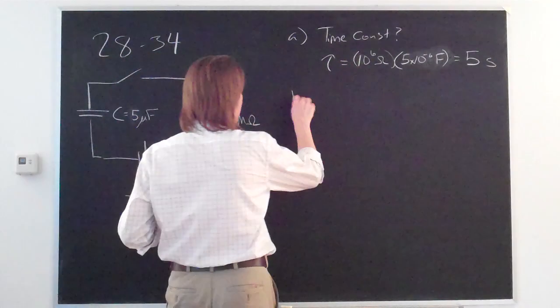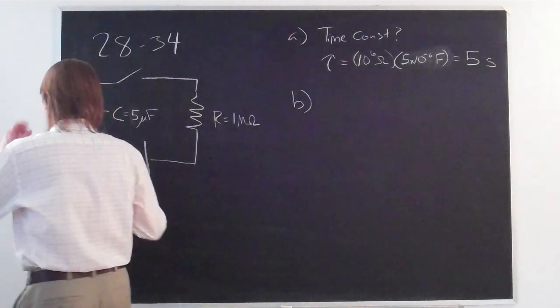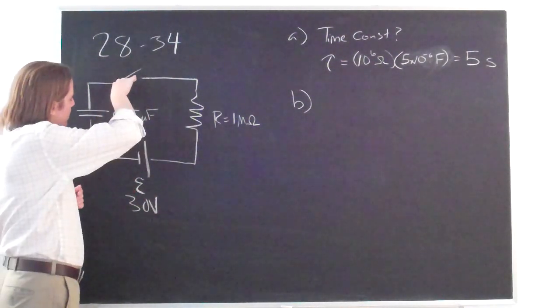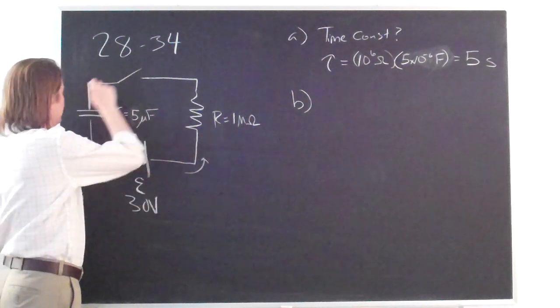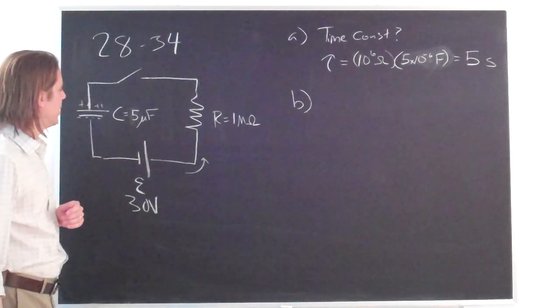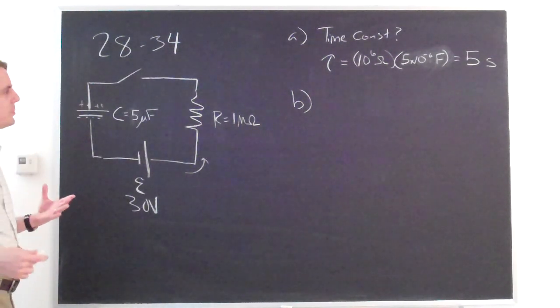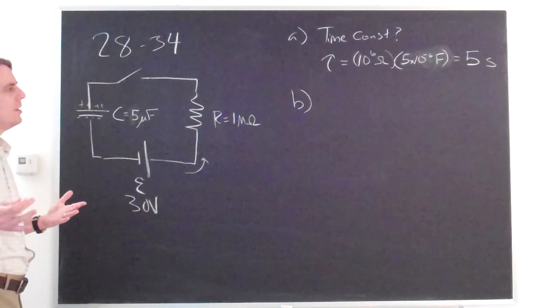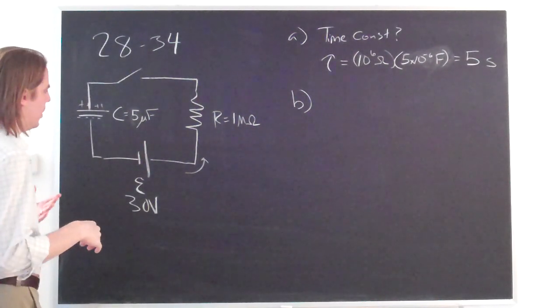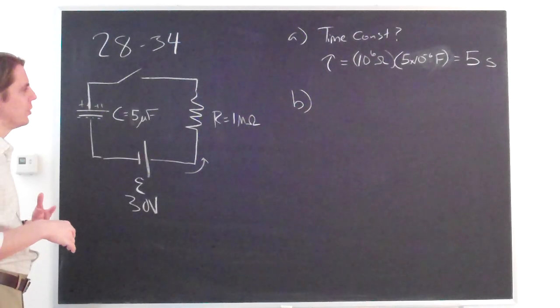Then it says after flipping the switch, what is the maximum charge on the capacitor? So when we close the switch, current will flow like this. It'll charge up this plate, draw negative charge on that plate. By saying the maximum charge, it means that time equals infinity. If you let this thing charge up and charge up, what ultimately will be the total charge?